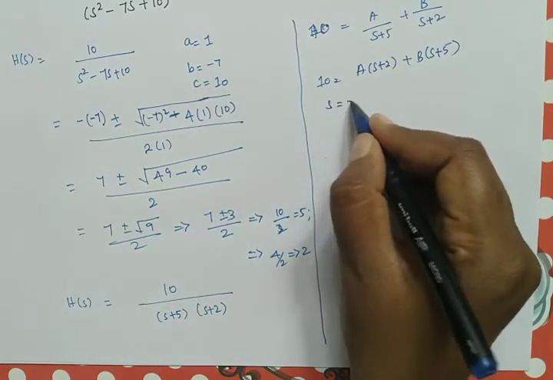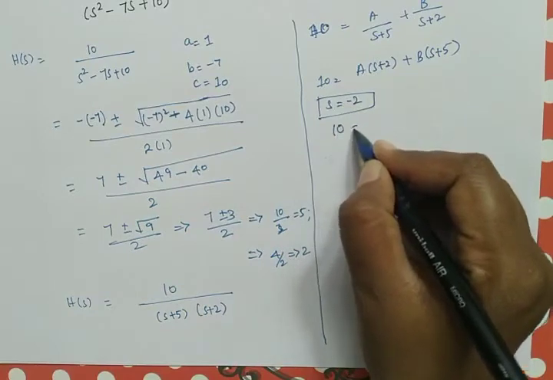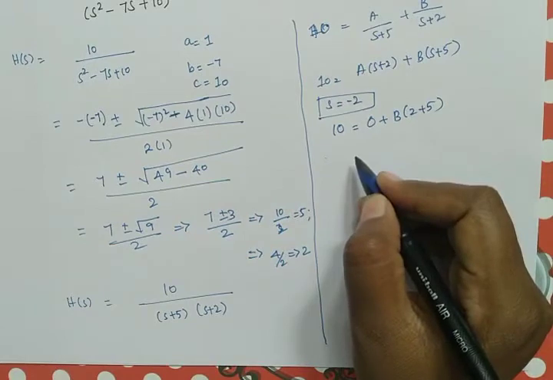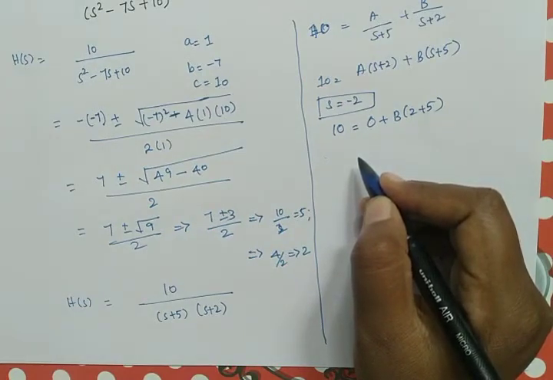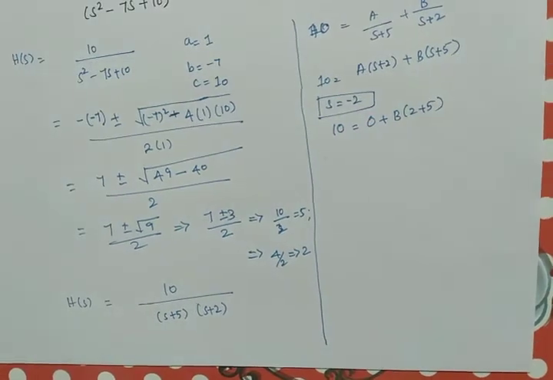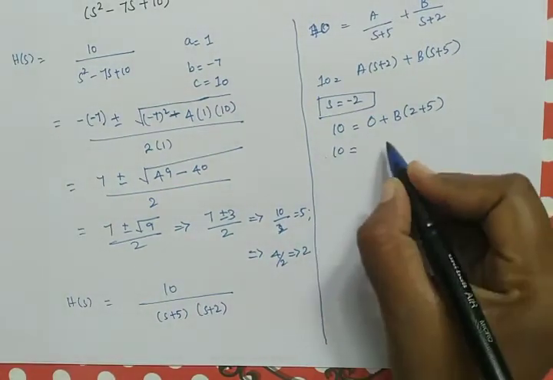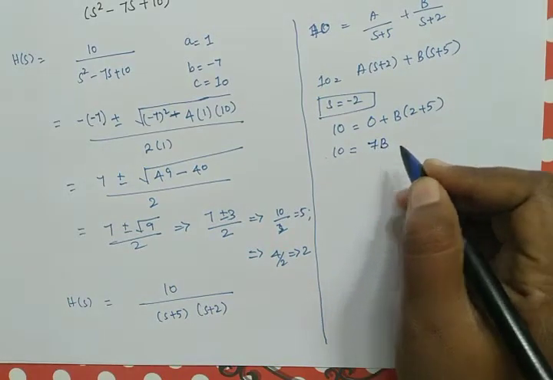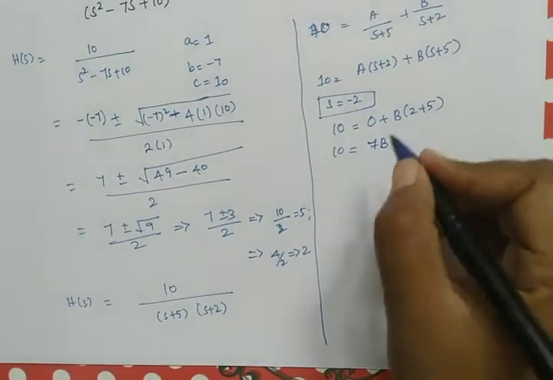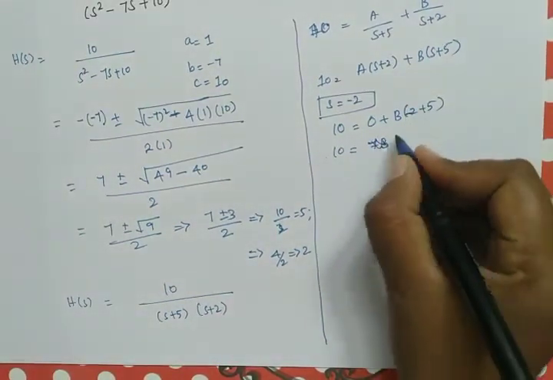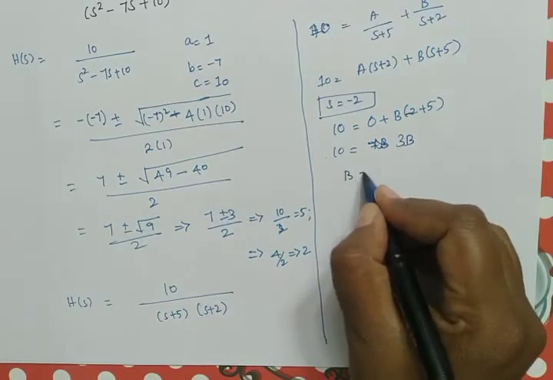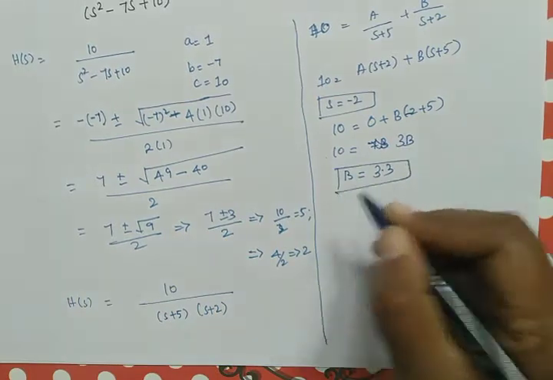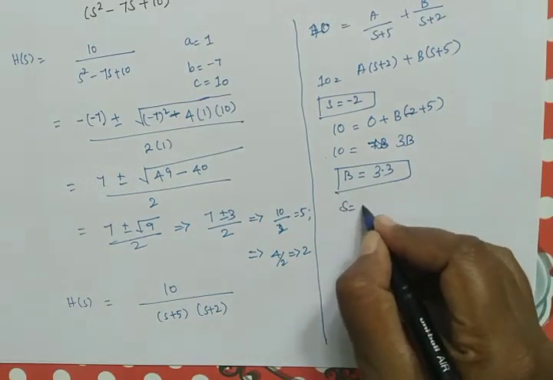Therefore if s is equal to minus 2, we get 0 plus B into minus 2 plus 5. Sorry, it is minus 2, so we will get 3B. Therefore B is equal to 10 by 3, which is 3.3. This is our B. Now substitute s is equal to minus 5.